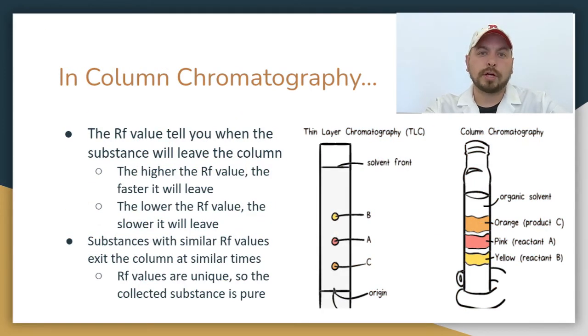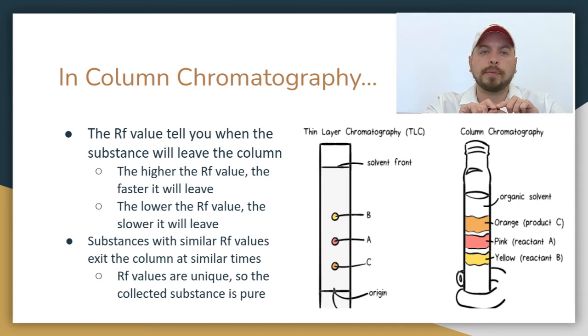In column chromatography, the RF values are going to dictate when the actual substance leaves the column. So the higher the RF value, the faster it evacuates the column, because it moves with the mobile phase, and the lower the RF value, the later it moves through the column. And so what we can do is actually separate different compounds based on their relative RF values.